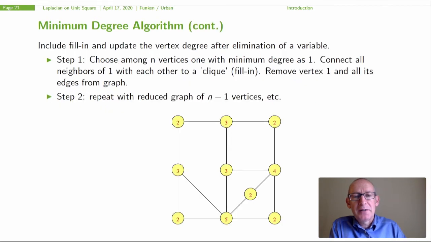Let's see what happened here. So again, we start computing the degrees for each node, and we always take from the set under consideration a node with the smallest degree. That would be here. Again, as in the Cuthill-McKee algorithm. But now we would like to keep track of the fill-ins. We have this node, it's number 2.